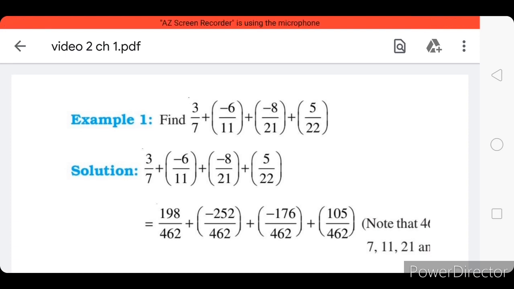Make all the rational numbers, all the fractions equivalent, so that the denominator should be 462 in every fraction. So 7 will be multiplied by 66 to make it 462. With the same number we will multiply 3 also, so it is 198. Similarly we will make all the numbers into equivalent fractions.